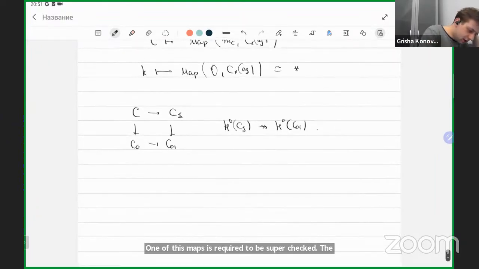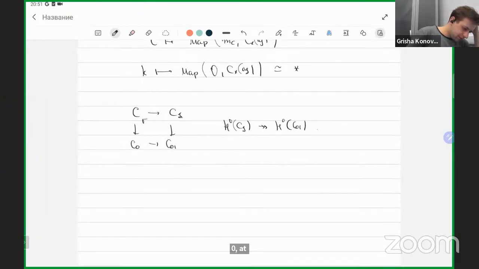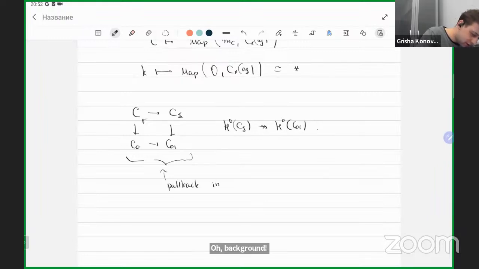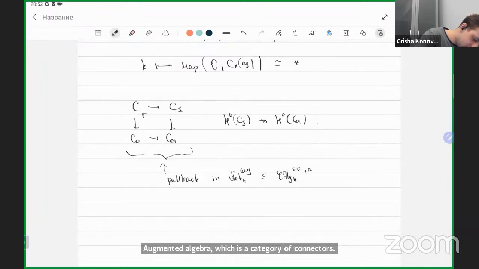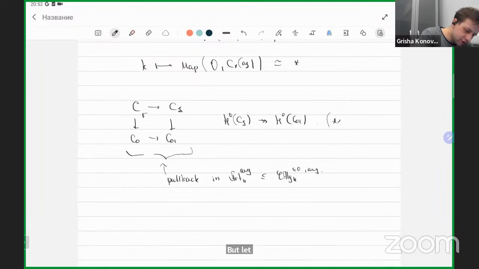And this is a pullback diagram in Artinian augmented algebras, which is a subcategory of connective ones. Let me denote this condition by 3 star.